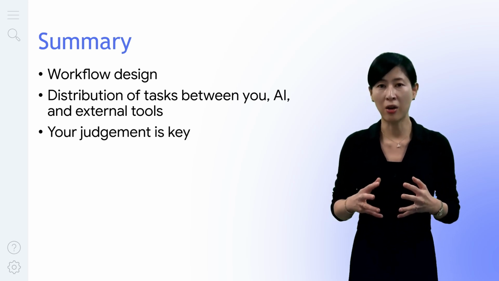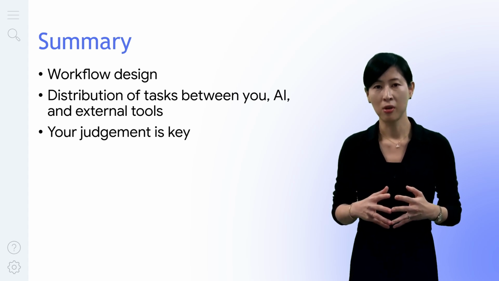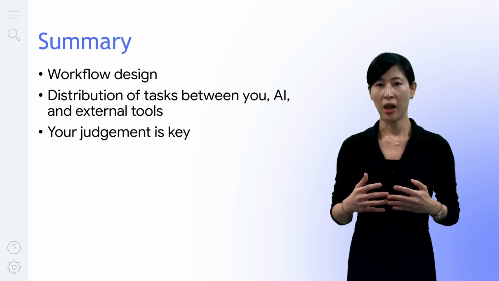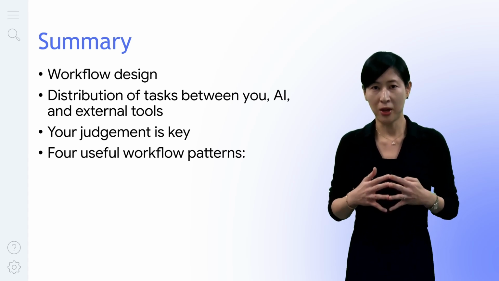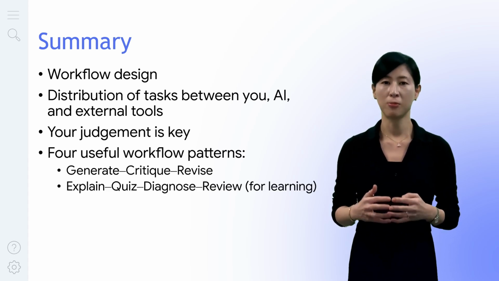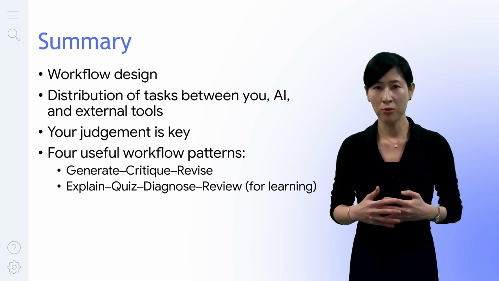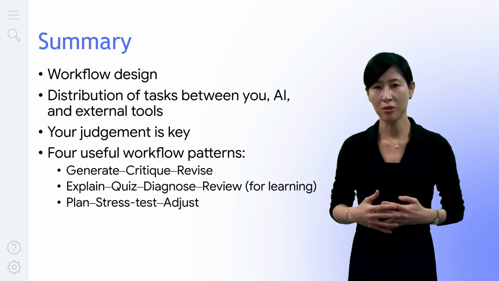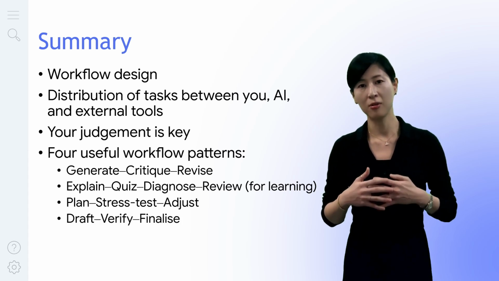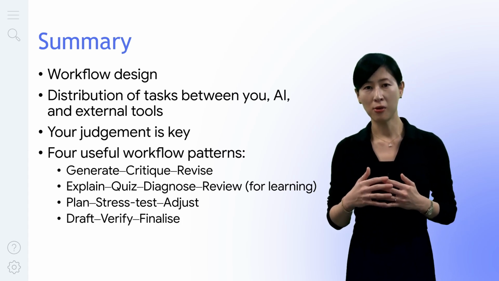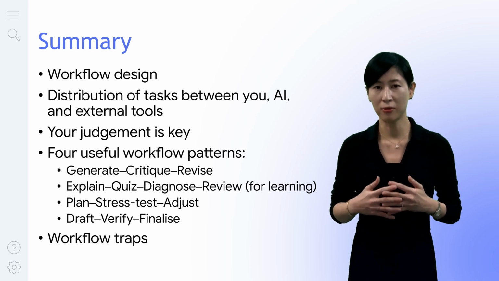We turned a vague goal into a workflow through decomposition, kept the human in the loop, and collected four reusable patterns: generate, critique, revise; explain, quiz, diagnose, review; plan, stress test, adjust; and draft, verify, finalize. And we saw how to recognize a workflow trap.